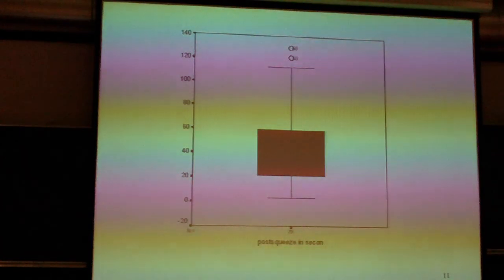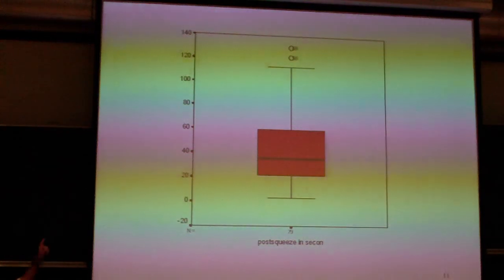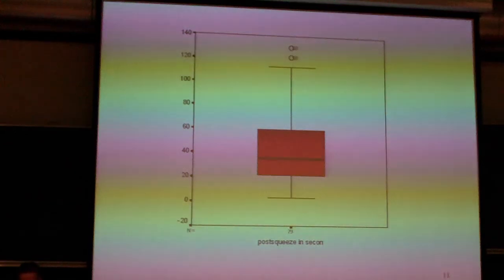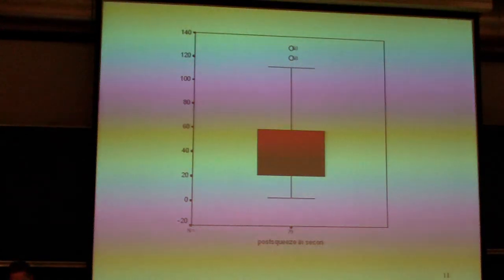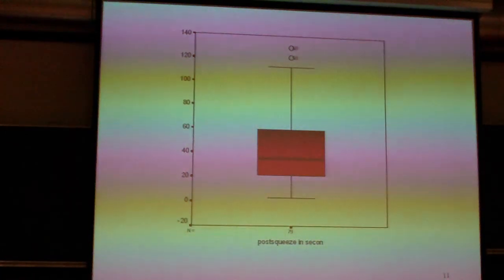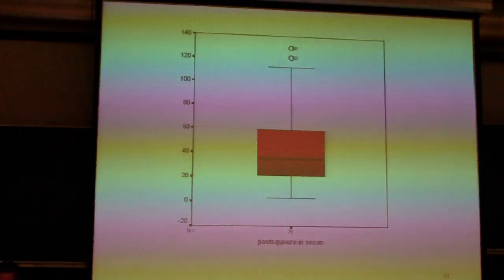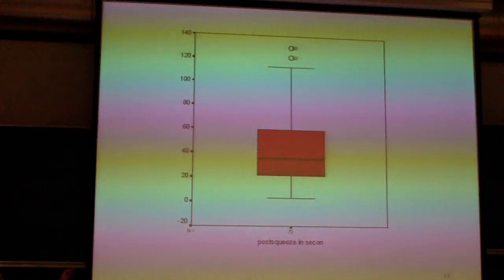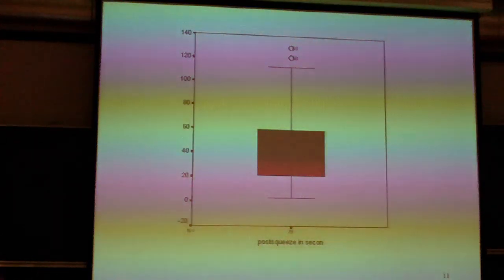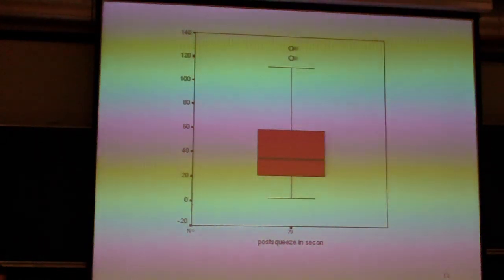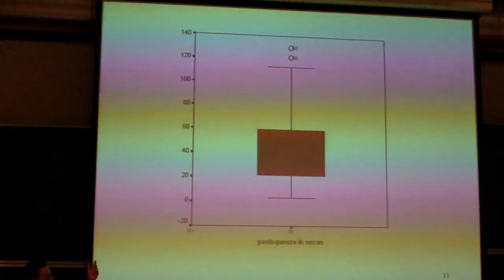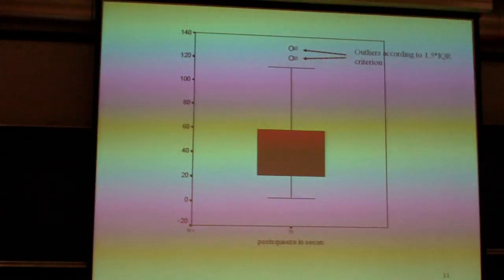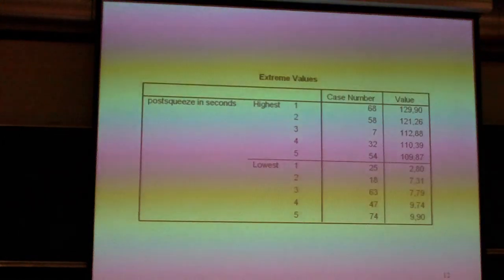And then of course we can see two small circles above the upper antenna, and these two circles correspond to outliers according to a particular criterion known as the 1.5 times IQR criterion. So looking at a box plot, you can easily observe whether there were any potential conspicuous outliers, and there may be two outliers according to the 1.5 times IQR criterion.